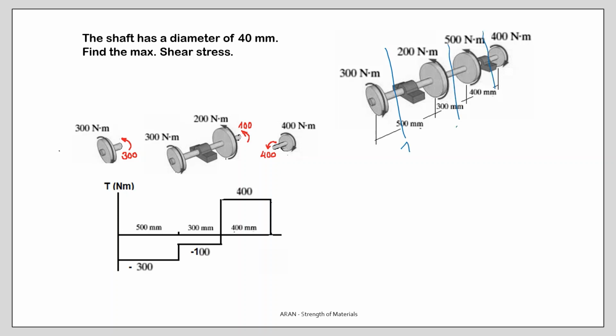Let's take regions 1, 2, and 3. For the first region, you make a cut, take the left side, and for equilibrium, the torque should be 300 and in the shown direction. What about the sign? For the sign, you take your right hand and direct your thumb in the normal of the section.